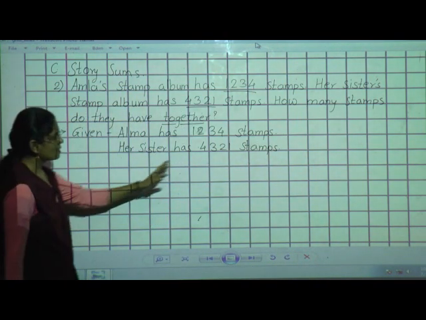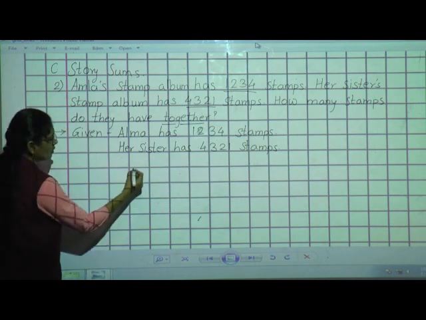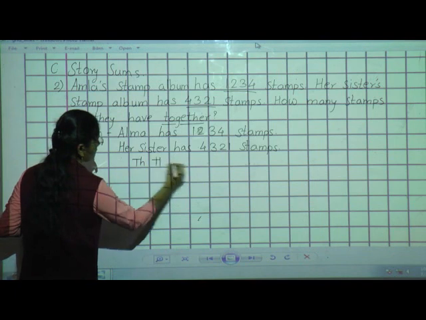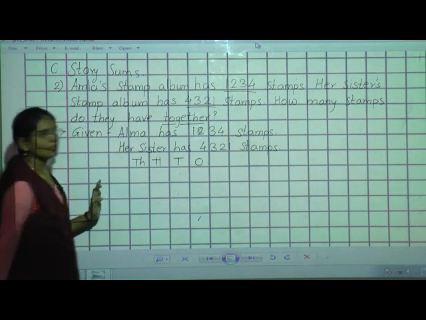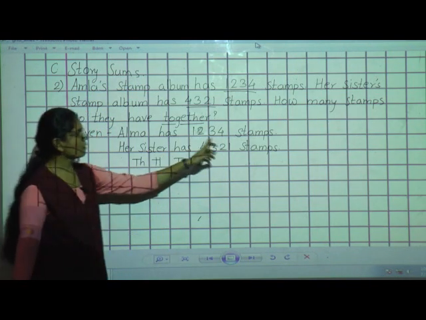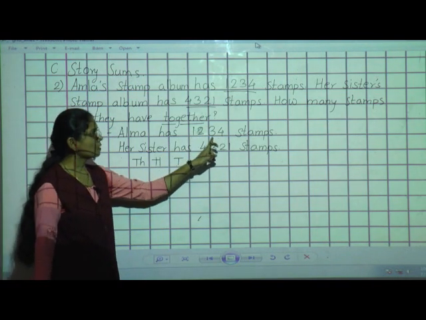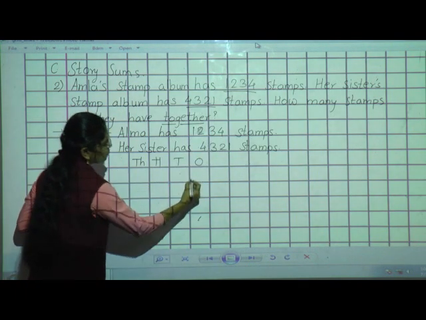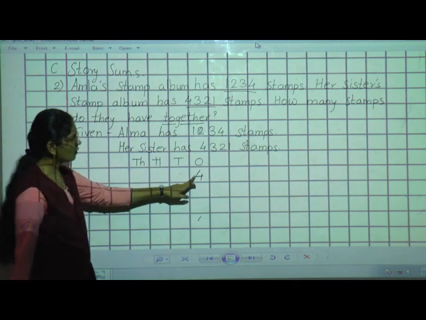As these are 4-digit numbers, first we will draw a place value chart, and in the place value chart we will put these two numbers. Now see the first number, Amla has 1234 stamps. At ones place 4 is there, so we will write here 4.